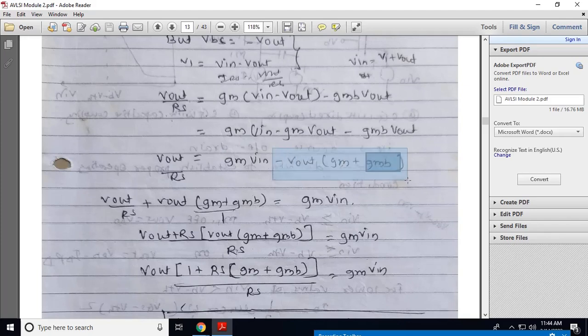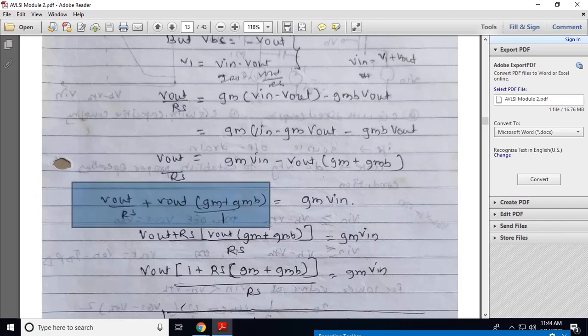Now we can take this minus V out multiplied by GM plus GMB. On the left hand side it becomes a plus. So V out by RS plus V out into GM plus GMB is equal to GM into V in. Now we can cross multiply this. So 1 into V out, so V out RS multiplied by this.